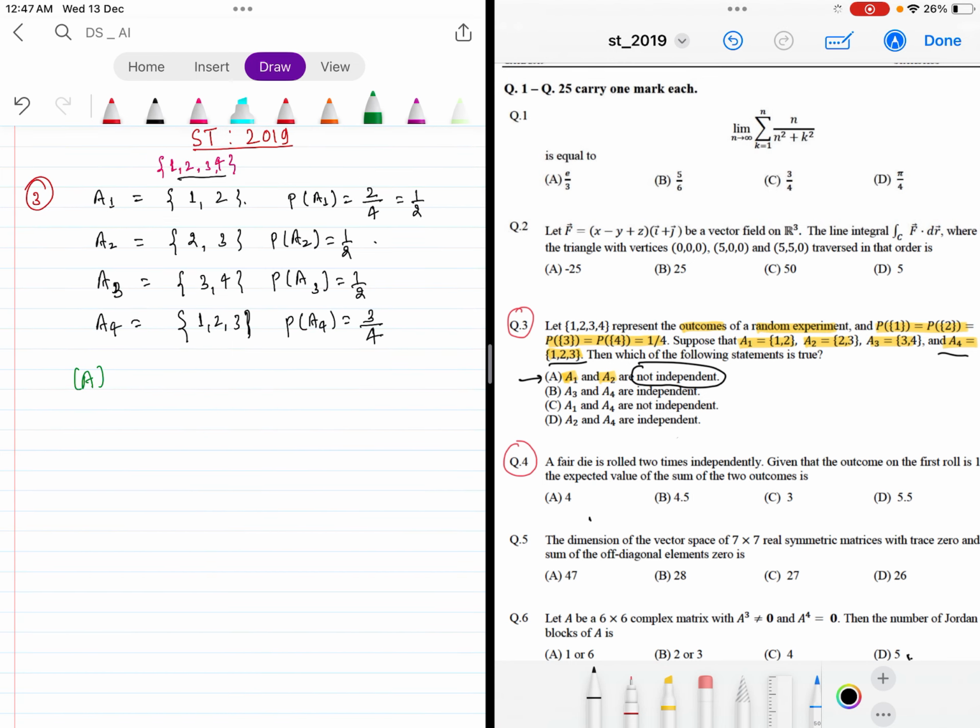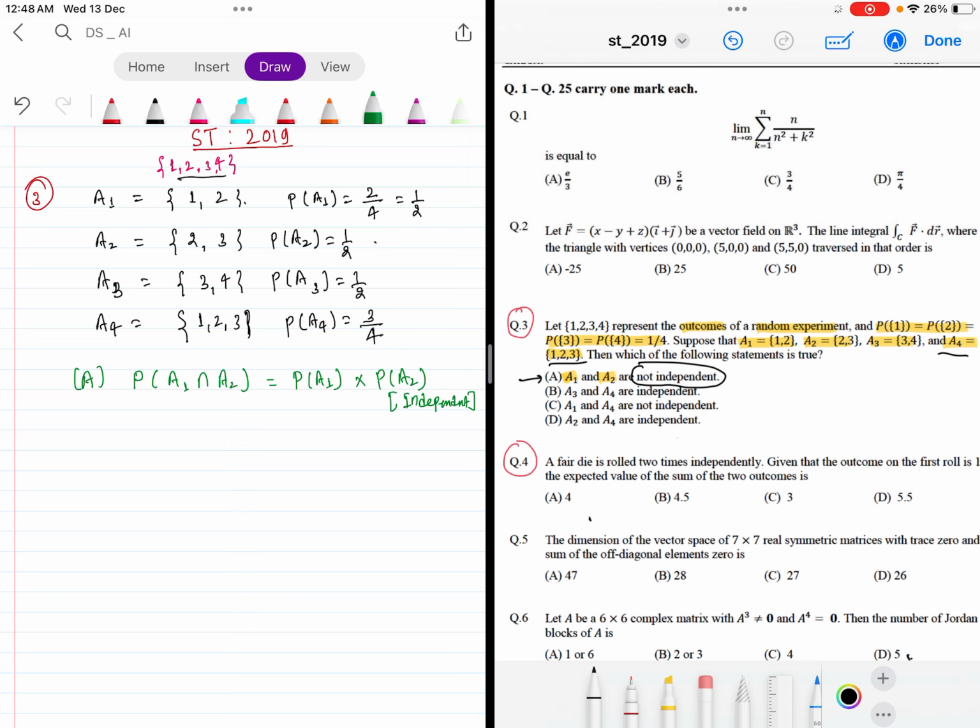So if we have given two events, then the probability of a1 intersection a2, if these two are independent events, then I can write it as the product of the individual probabilities, right? Because these two events are independent. So this is the condition for independent.